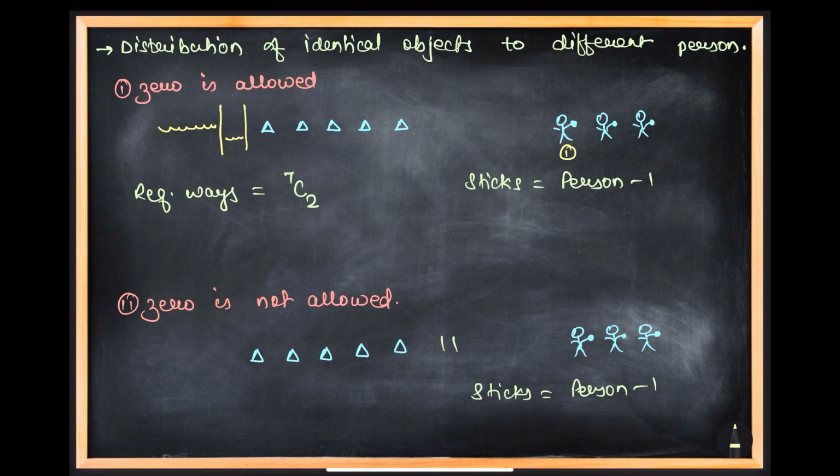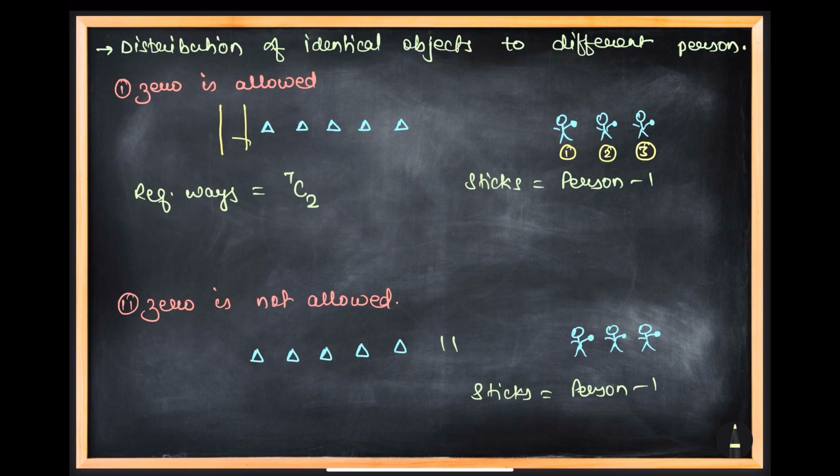This group will be taken by person number 2. And this group will be taken by person number 3. So you are dividing the samosas into 3 groups, and to divide something into 3 rooms or groups you need 2 sticks.